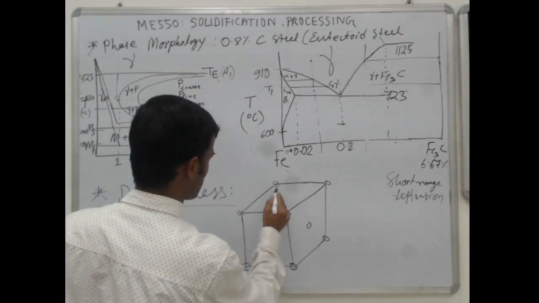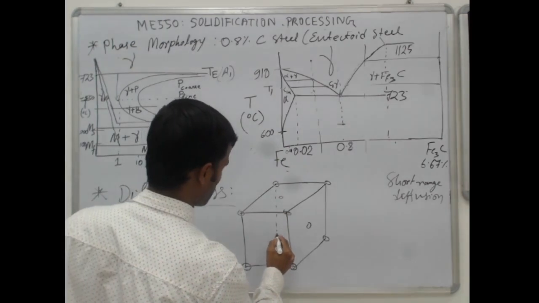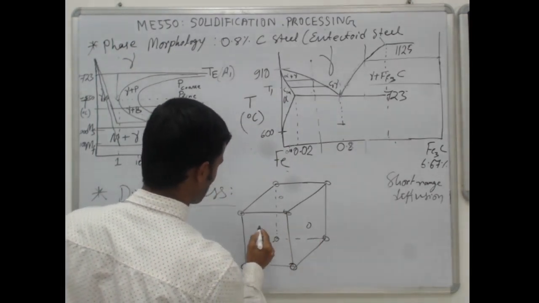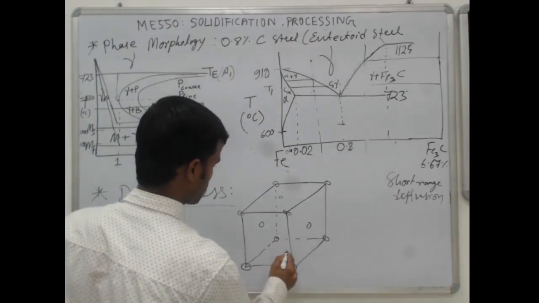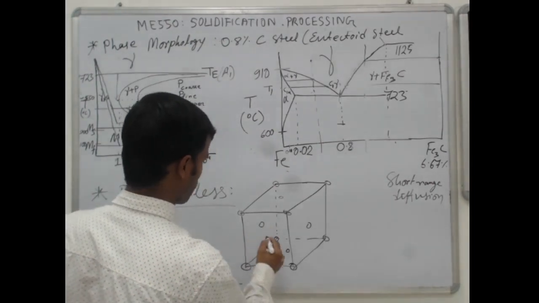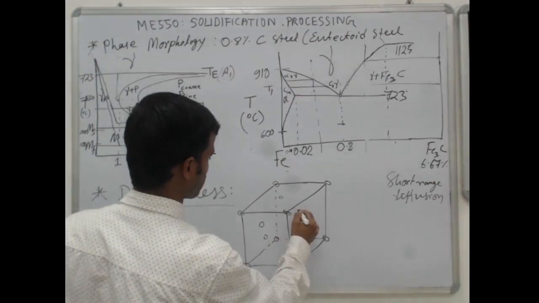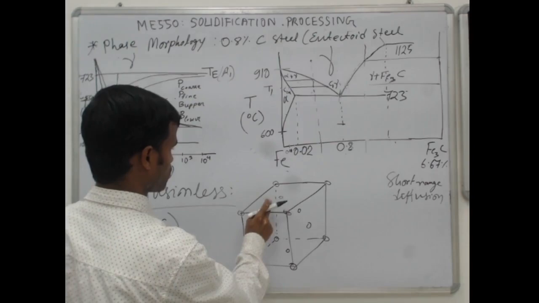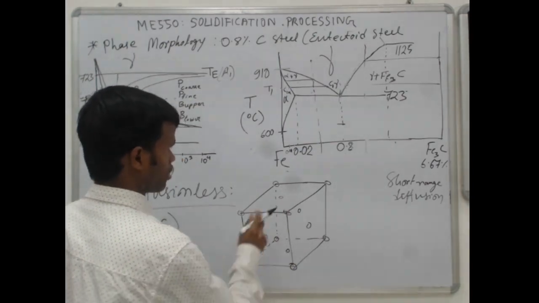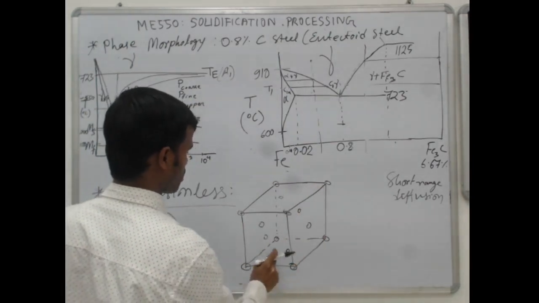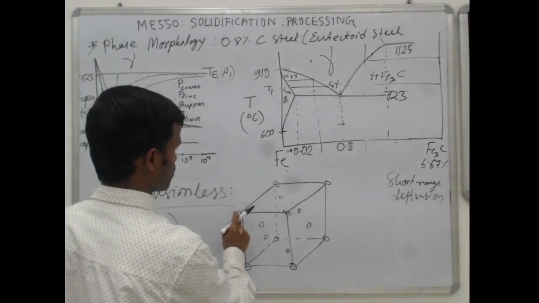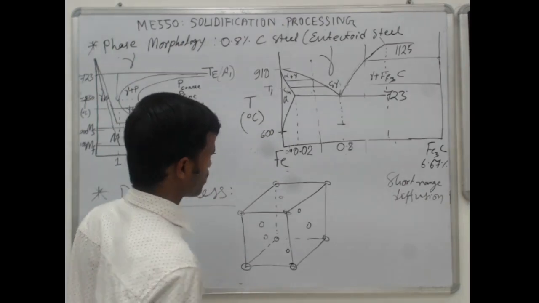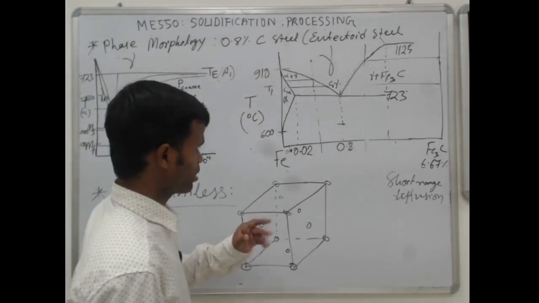Here you have one, on the back you have one, on the bottom you have one, on the front also you have one, back side also you have one. So there are eight corner atoms and six face atoms. So this many atoms are there.